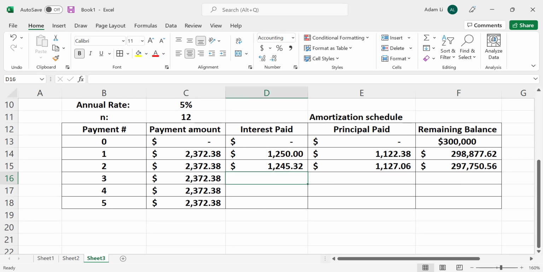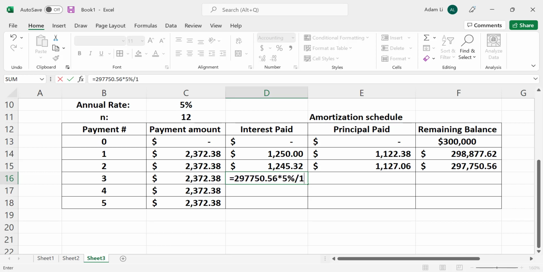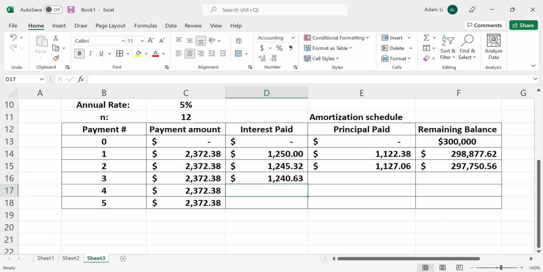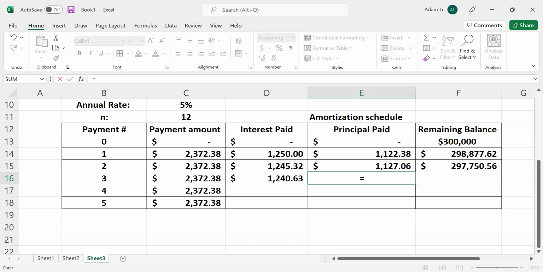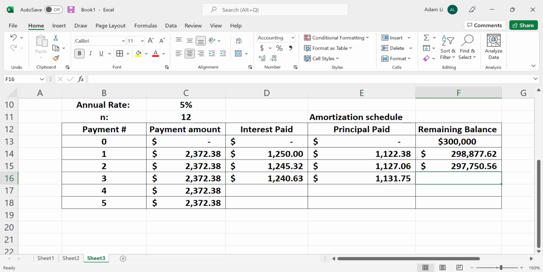By the time we get to the third payment, you're paying monthly interest on the remaining balance multiplied by 5% over 12. And here we get that interest paid. Now the principal paid will be the difference: the total payment minus this gives that. Now it's used to reduce the balance, so this balance minus this, we get the remaining balance.